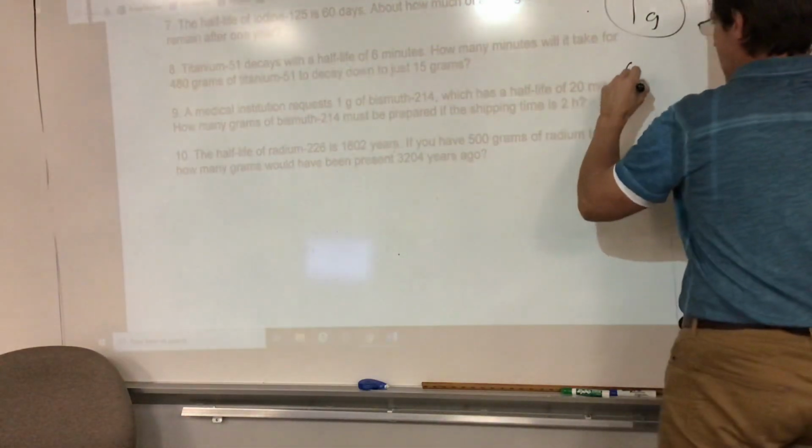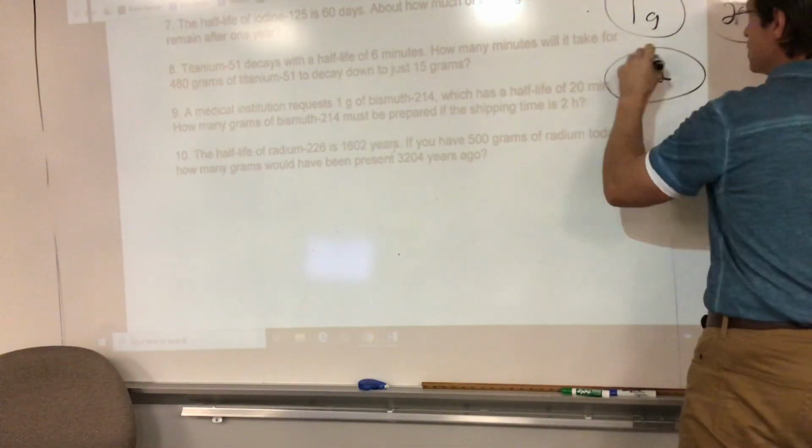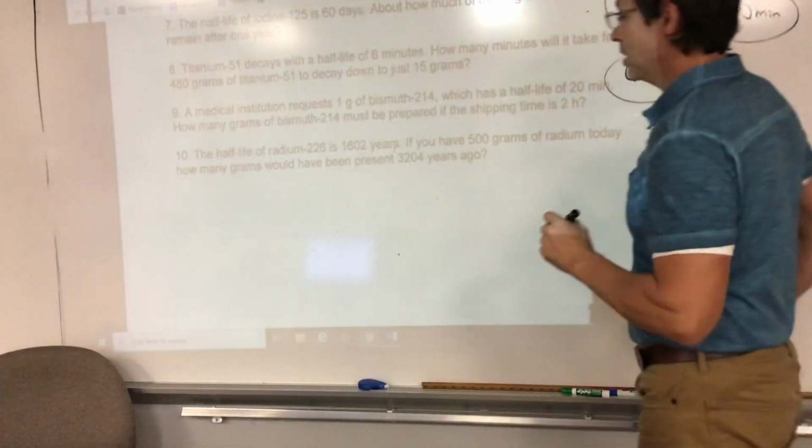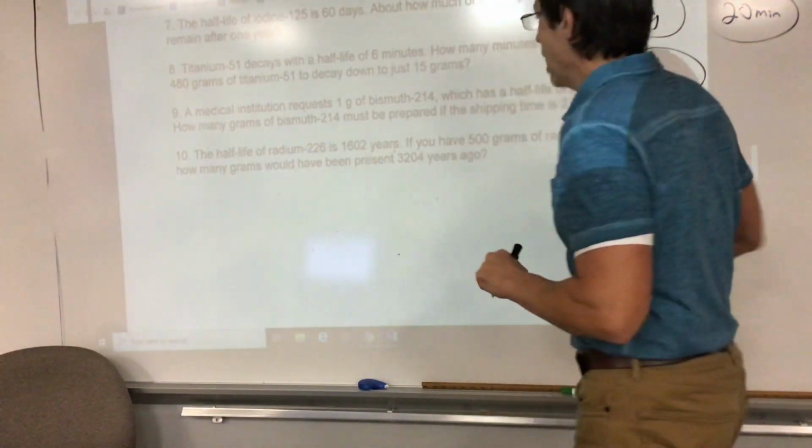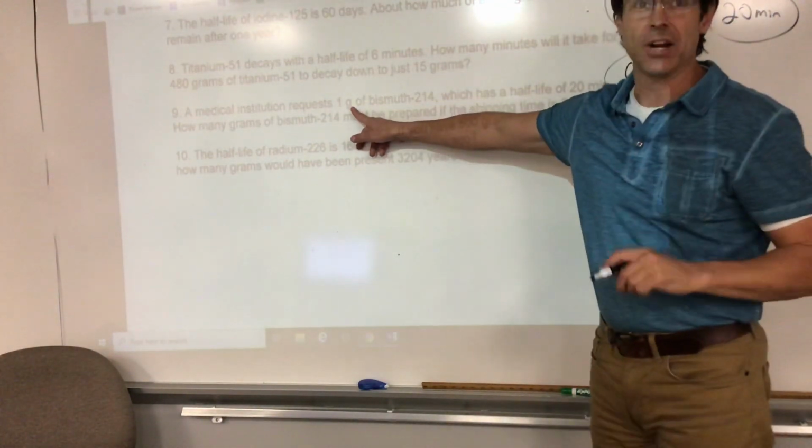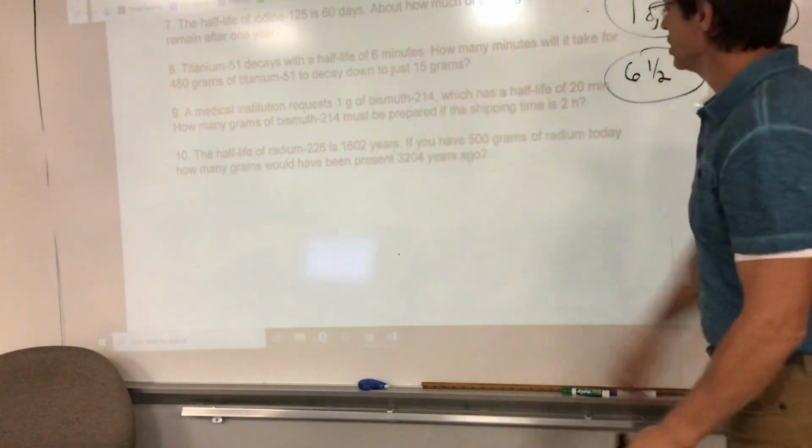So it looks like I'm going to go through 6 half-lives with this bismuth. So I have to figure out how much to send so that when it gets there in 2 hours, I've got at least 1 gram.